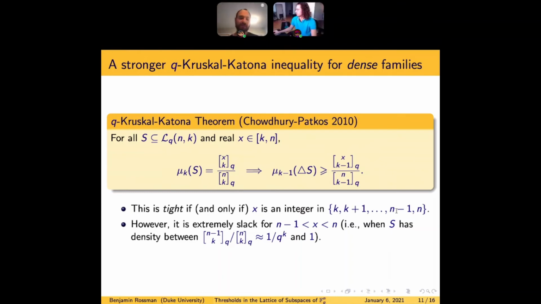However, this turns out to be very slack when x is between n minus 1 and n, in other words, when the family S has density between roughly 1 over q to the k and 1. So in the case of dense families, this version of the q-Kruskal-Katona theorem was very slack.